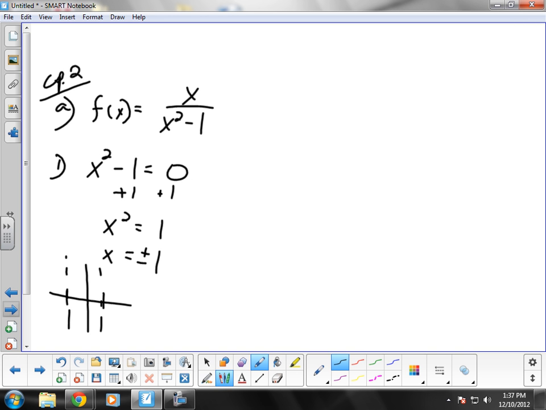Now, let's go ahead and look at part C on that checkpoint. Part B is really not anything different. Let's do part C first, and then we'll come back to B.